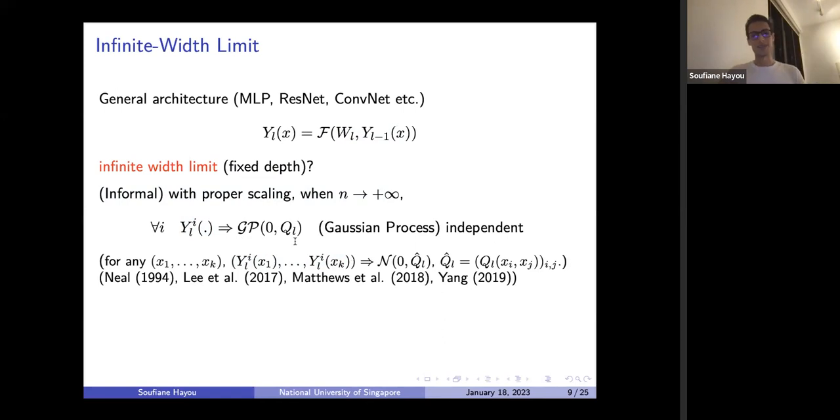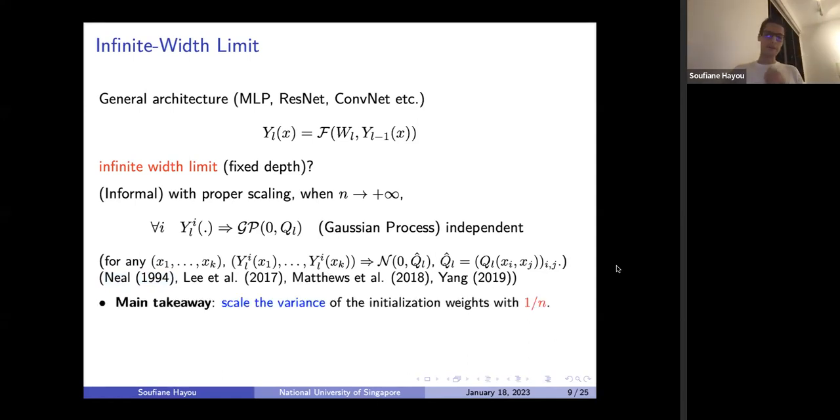This is a very old result, first proven by Radford Neal in 1994 in the case of a single layer neural network, and recently extended to multiple layer neural networks. So the main takeaway is that if you increase the width of a neural network, you should scale the variance of the initialization weights with 1 over N. This is what we know about infinite width.